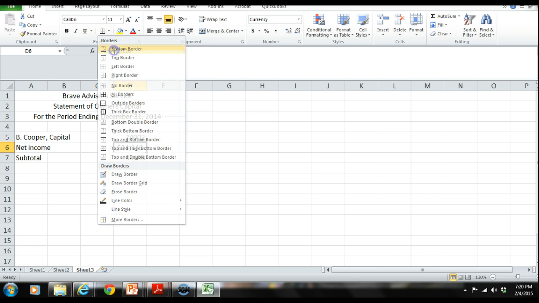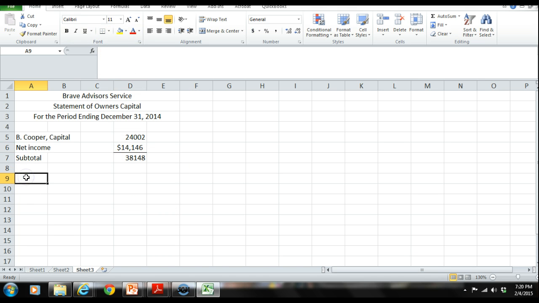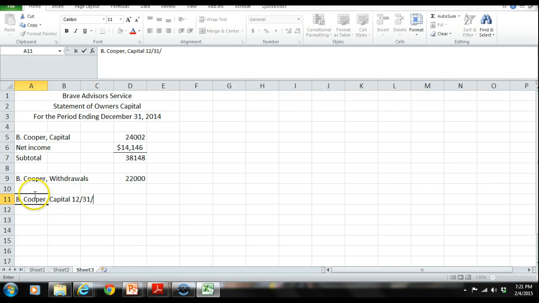And then he withdrew, so we're going to show B. Cooper withdrawals, and that was 22,000. Very good. Then we're going to have B. Cooper Capital, 12/31/2014.